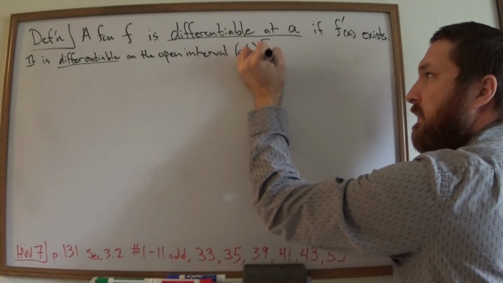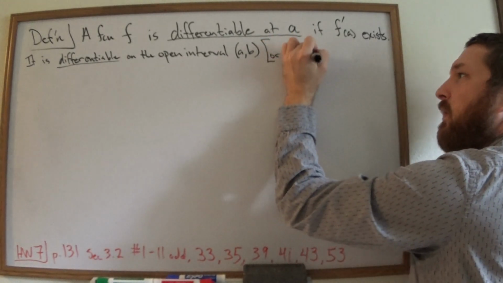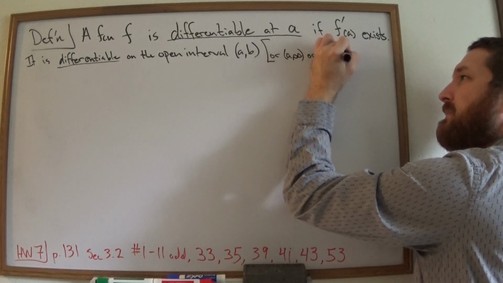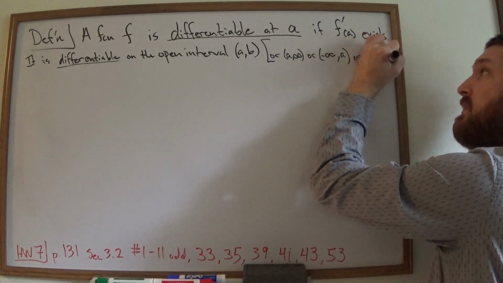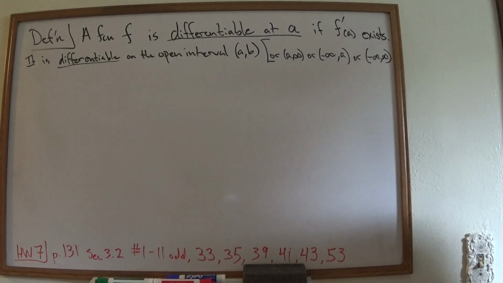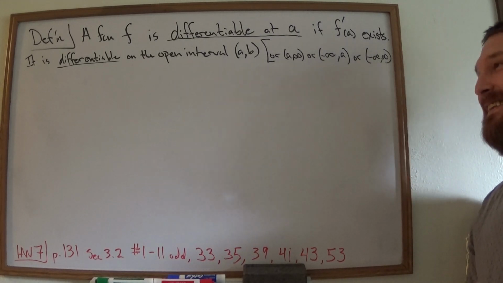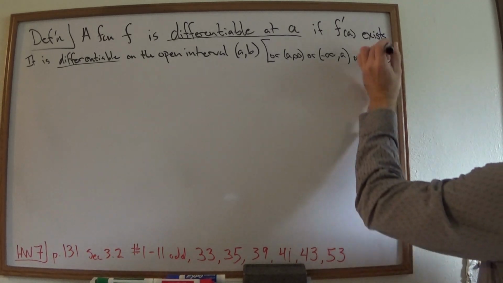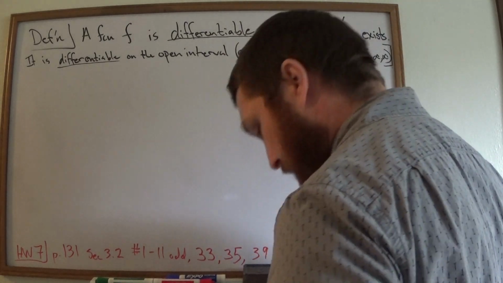You could say a to infinity, or negative infinity up to a, or on all real numbers. This is an open interval. I'm not going to explain why it can't be a closed interval. I'll leave you to puzzle that out. If you're interested, bring it up Tuesday and we could talk about it.